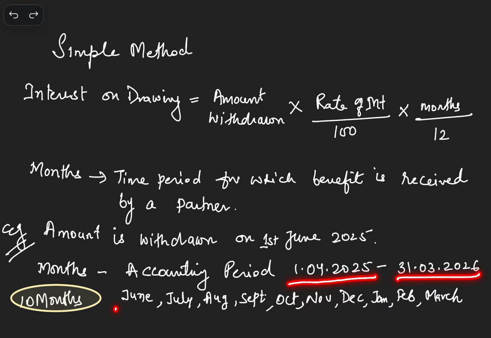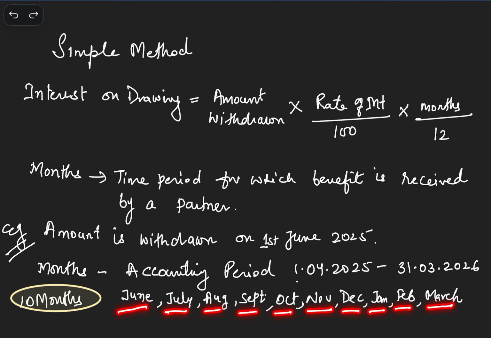So the amount is withdrawn on June 1st. We'll be taking the benefit from 1st June, meaning the full month of June, then July, August, September, October, November, December, Jan, Feb, March. It means for 10 months the benefit has been withdrawn.